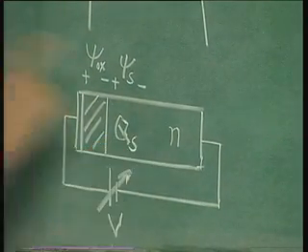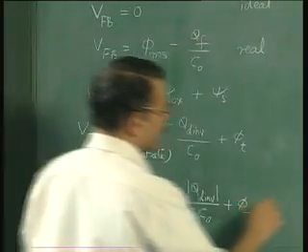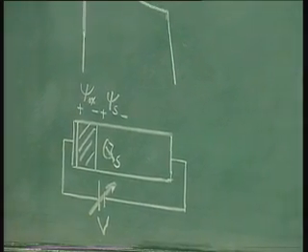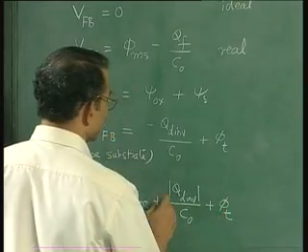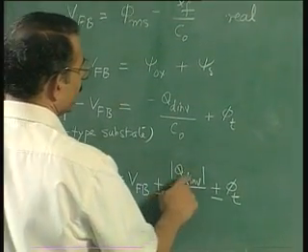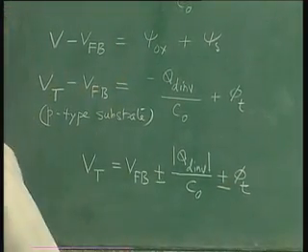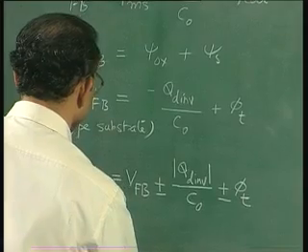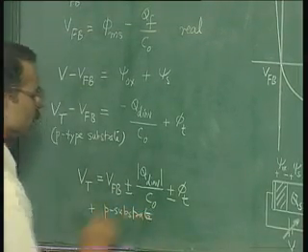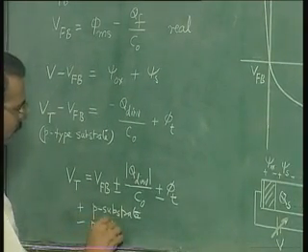So for n-type substrate, what will happen is the psi ox and psi s will be negative, because the applied voltage is also negative. So therefore this equation just gets modified to VFB minus Qd inverse by C naught minus phi t. Okay, so here positive sign applies for p substrate and negative sign for n substrate.